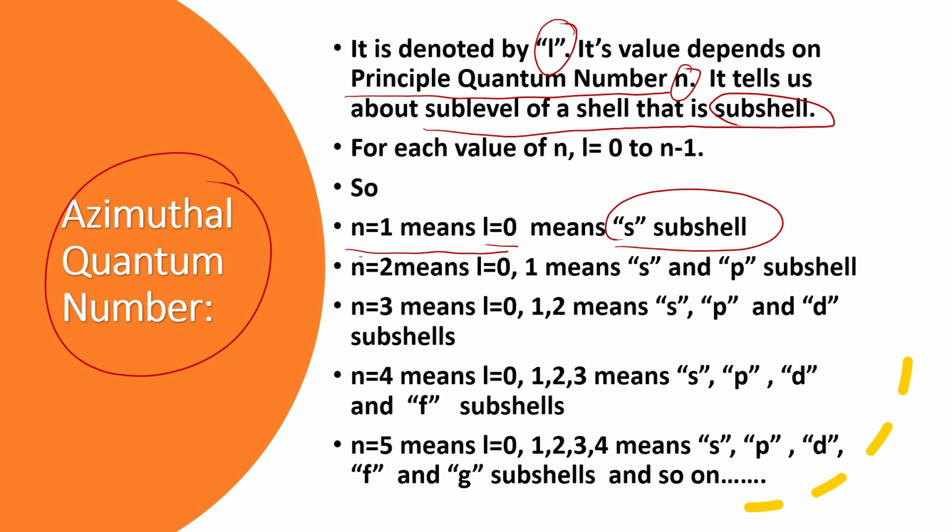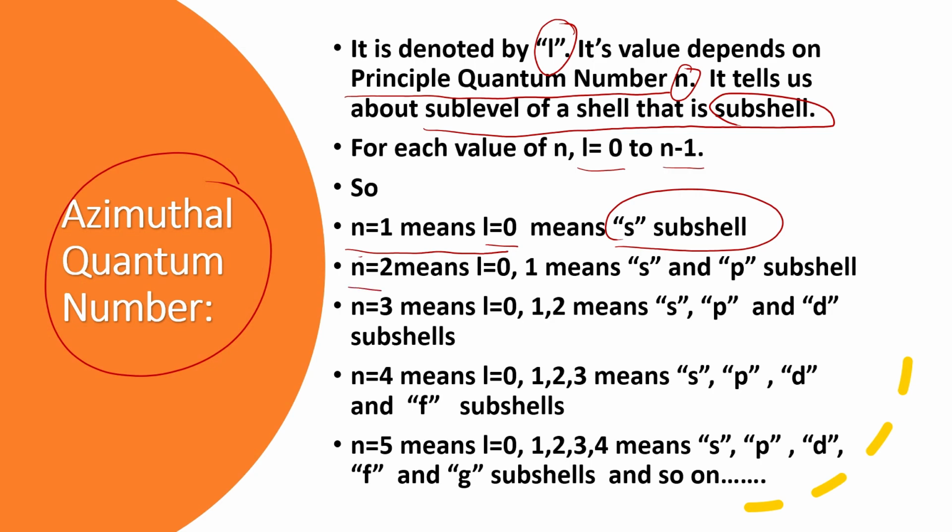Because the value of l depends on n, and for each value of n, the l value will be 0 to n minus 1. If n is equal to 1, n minus 1 is 0, that means the s subshell, which is a spherical subshell.